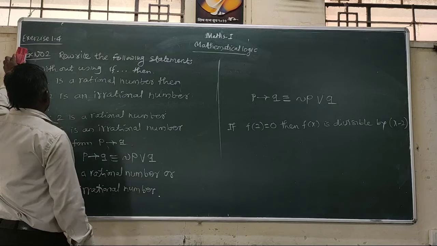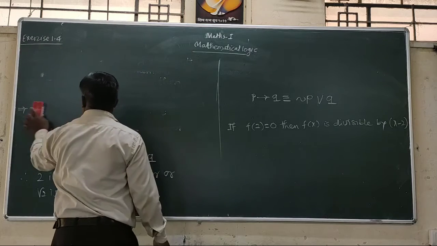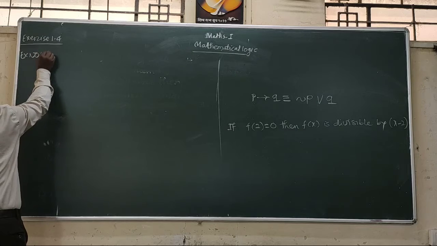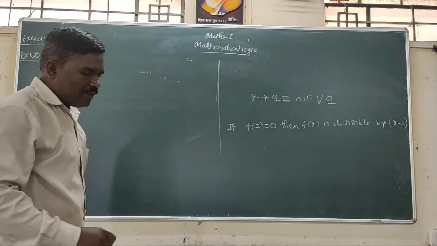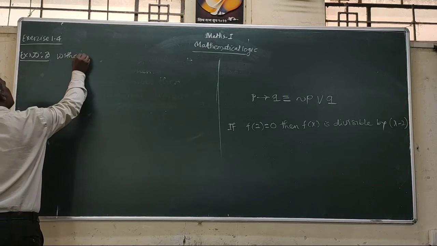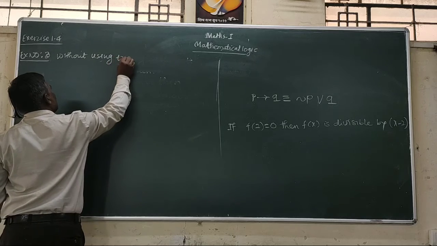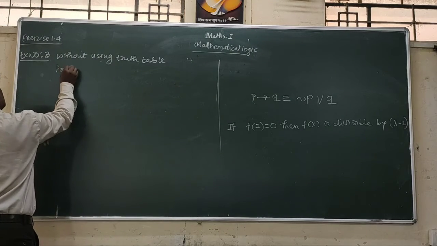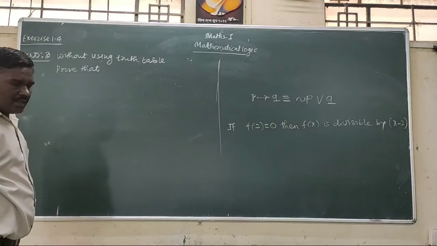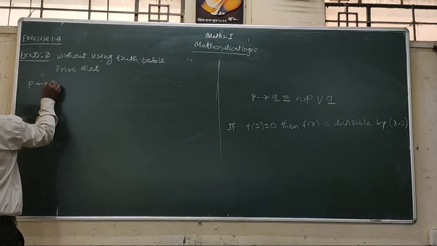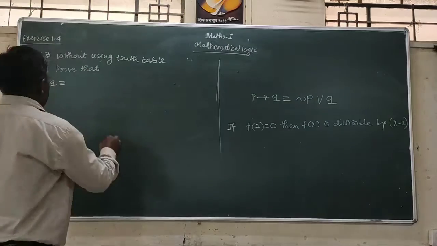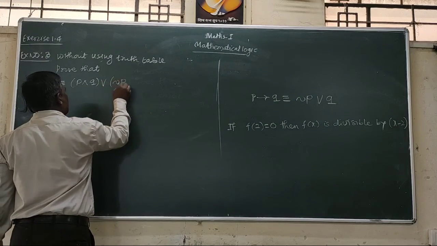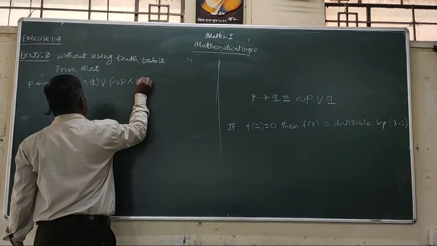Next, that is example number 3. Without using truth table, prove that P if and only if Q is equivalent to [P conjunction Q] disjunction [negation of P conjunction negation of Q].